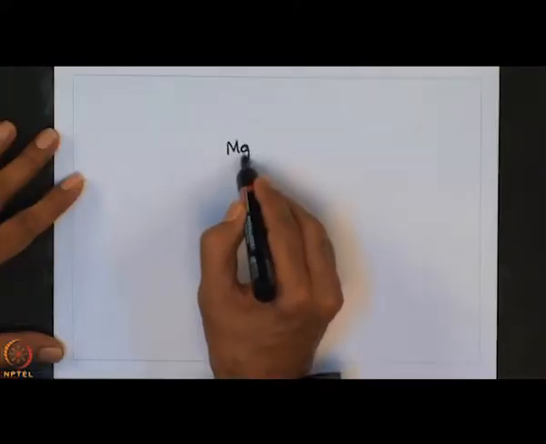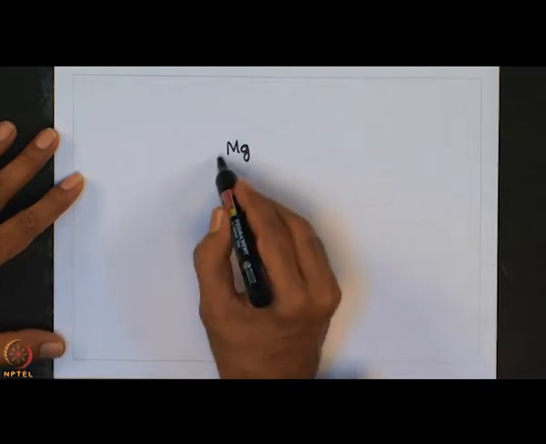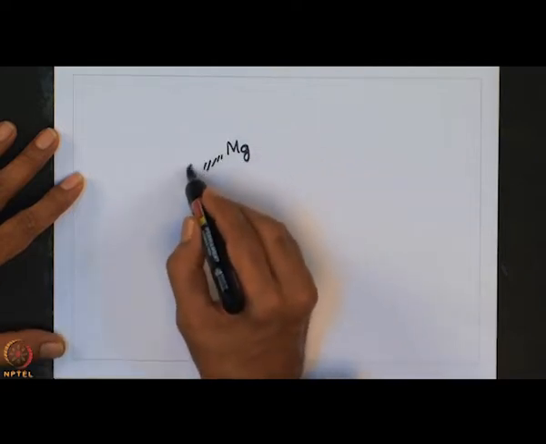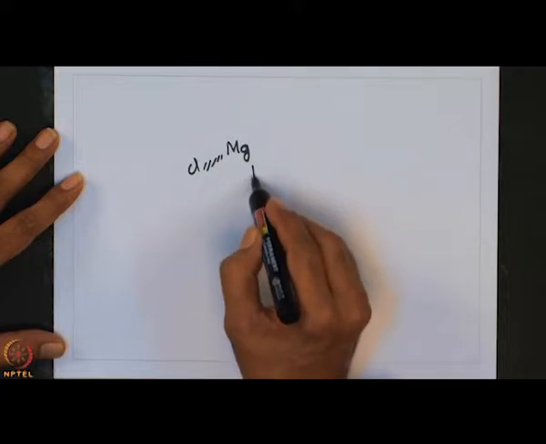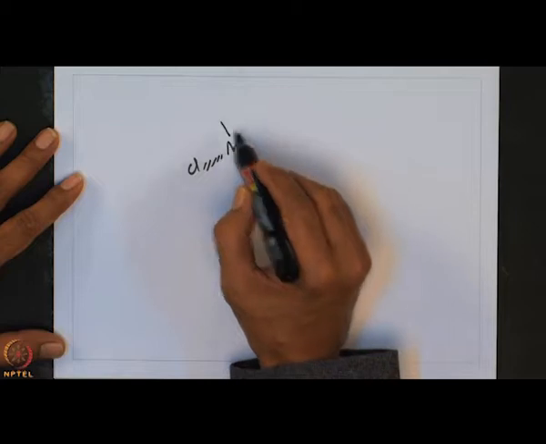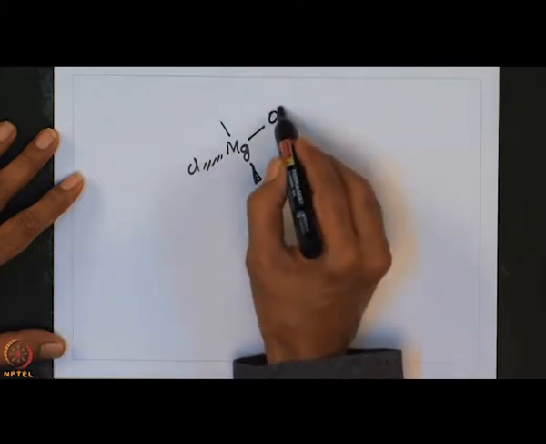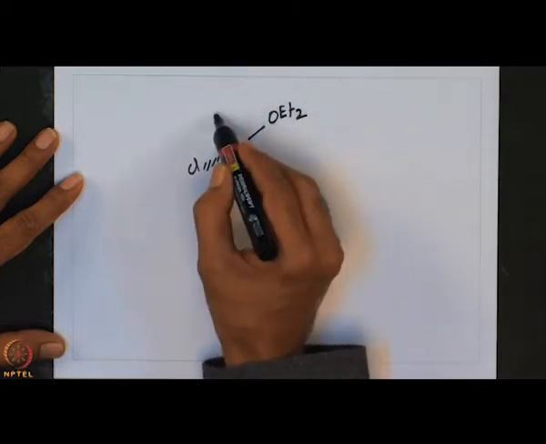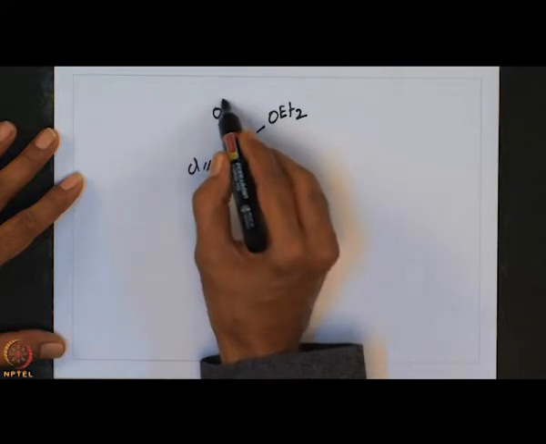So, why the reaction has to be carried out in diethyl ether? It gives coordinative saturation. Most of the time Grignard reagents will be having vacant coordination sites, okay.